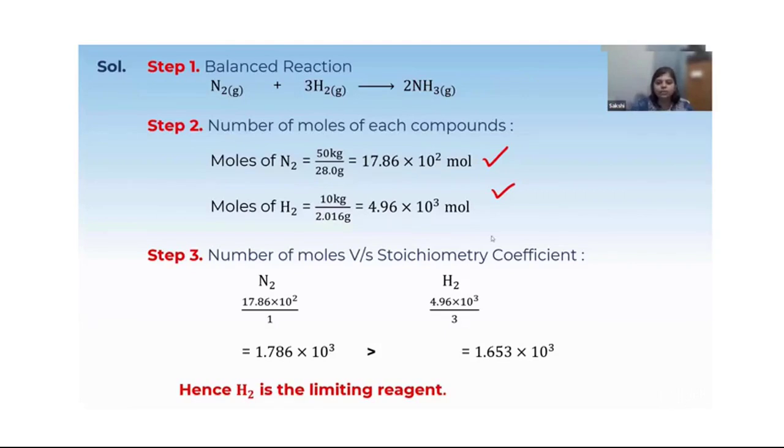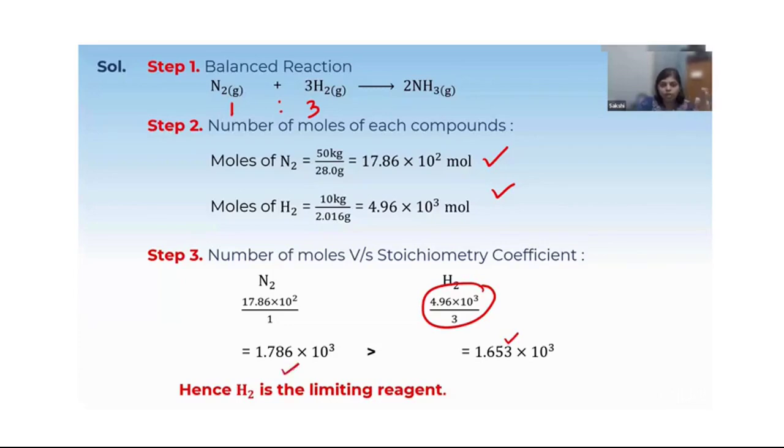Now we need to calculate as per stoichiometry, right? Nitrogen and hydrogen are always in a 1:3 ratio. They have to be in 1:3 ratio. After dividing by 3, hydrogen comes to 1.653 into 10 power 3, which is less than 1.786.